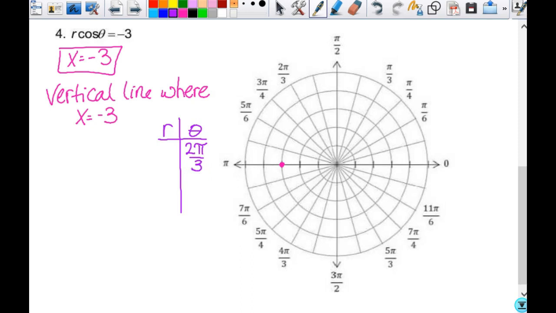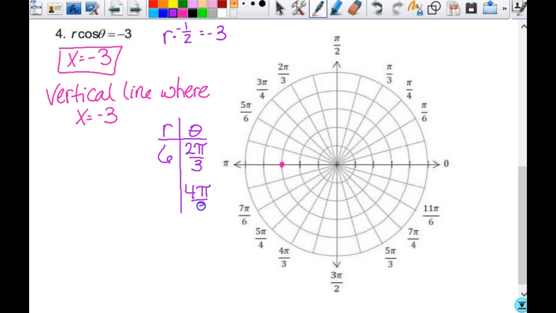So that means I'm going to have r times, what's the cosine of 2 pi thirds? Is it 1/2 or is it negative 1/2? Yeah, I got to be careful with the signs. Negative 1/2 equals negative 3. So what does r equal? 6. So what's another theta I could pick so I could get another point? I know it's going to be vertical, so 4 pi thirds, good.